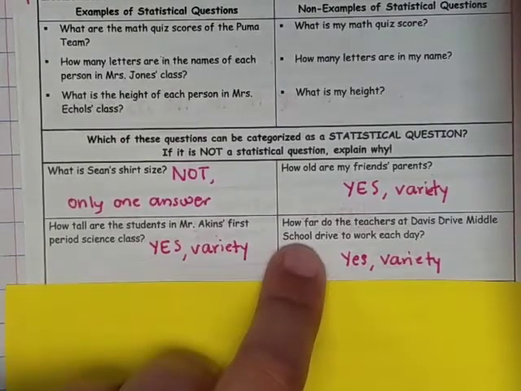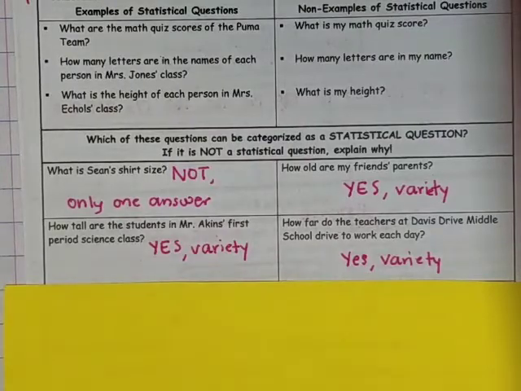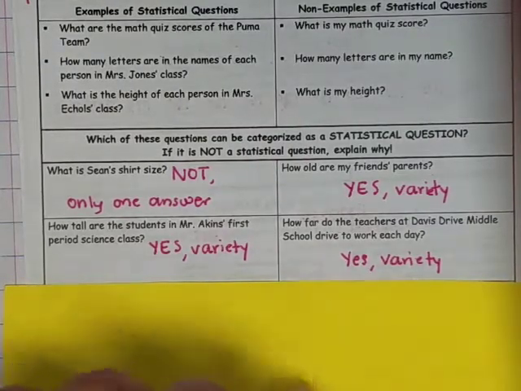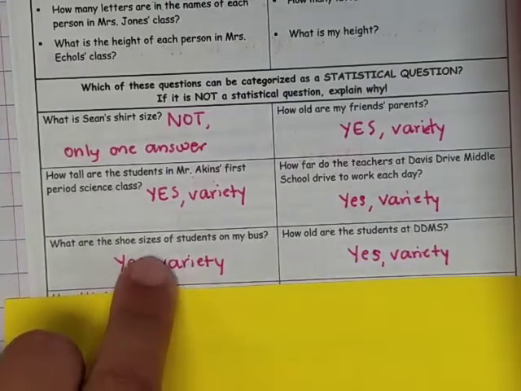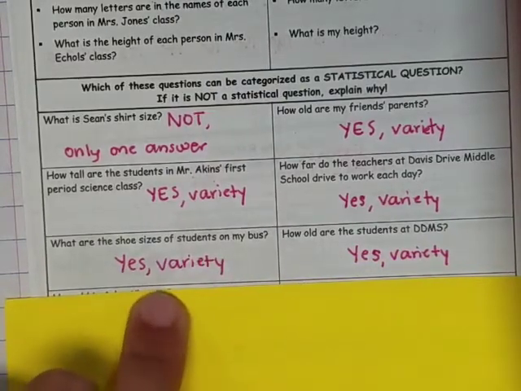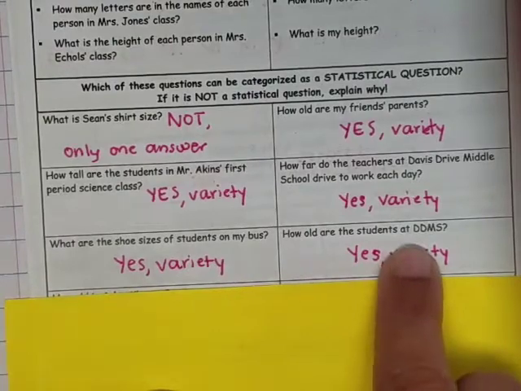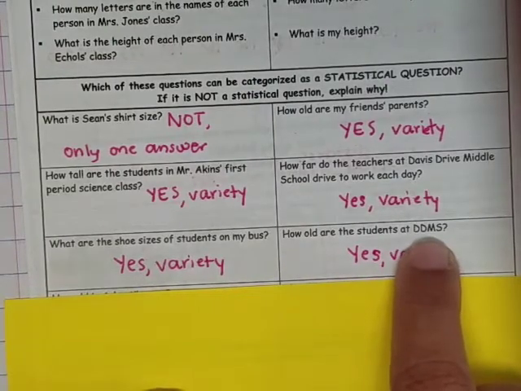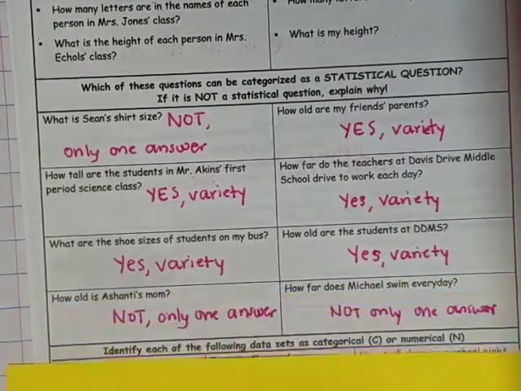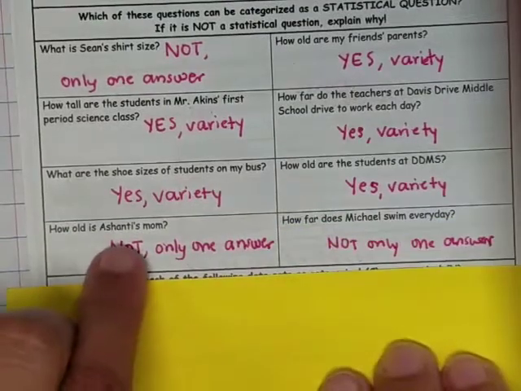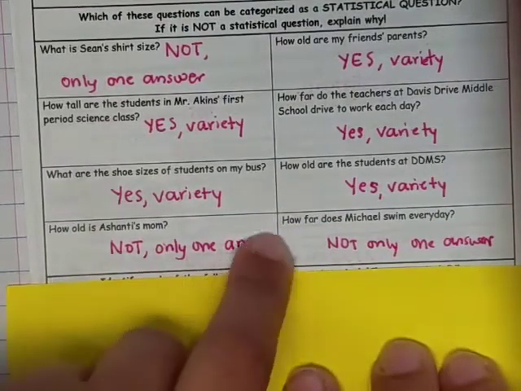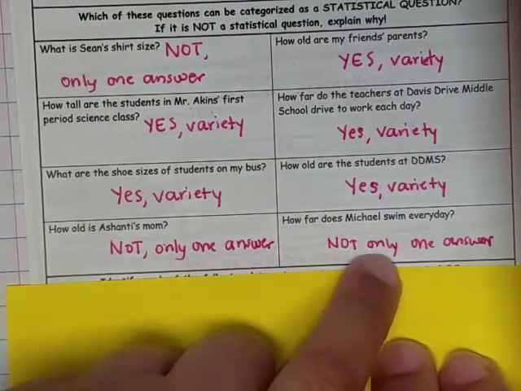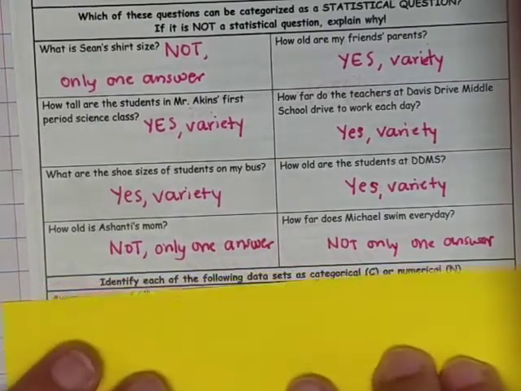And then how far do teachers at Davis Drive Middle School drive to work each day? Yes, there's variety there. What are the shoe sizes of students on my bus? Yes, there's variety. How old are students at DDMS? Yes, there's variety. How old is Ashanti's mom? That's a not example, because there's only one answer. How far does Michael swim every day? That's only one answer, so not.